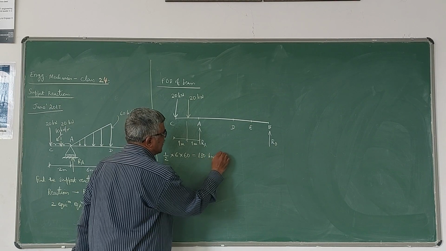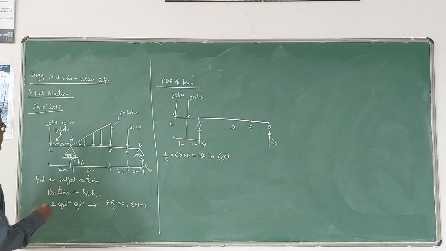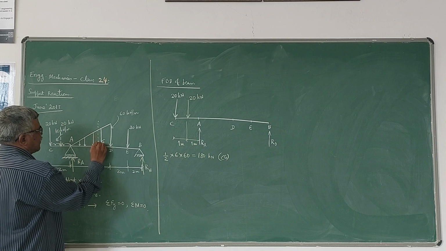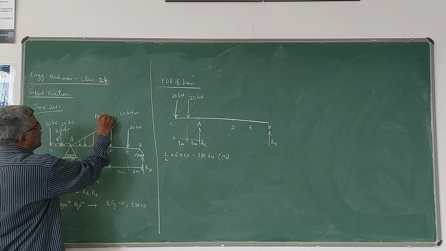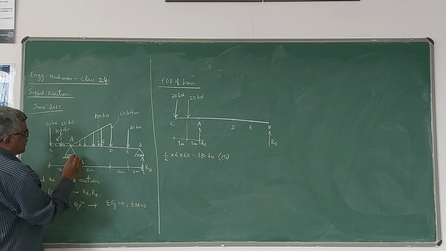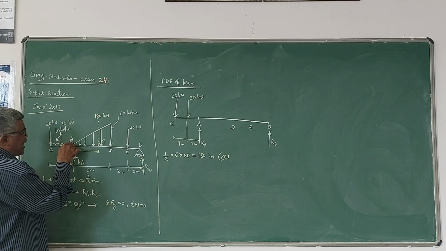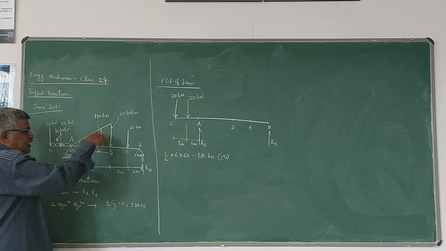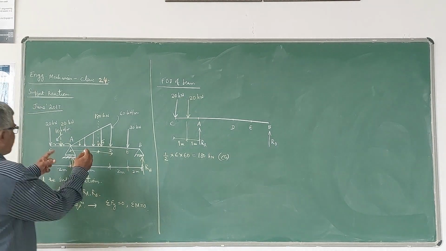It will act at the CG of the triangle, so here we have to take the load. The load is 180 kN acting at the centroid of the triangle, which lies at a distance of 2/3 of the base from A, or 1/3 from D. From the end it is 1/3, from the apex it is 2/3. So 2/3 of the base is 4 meters.